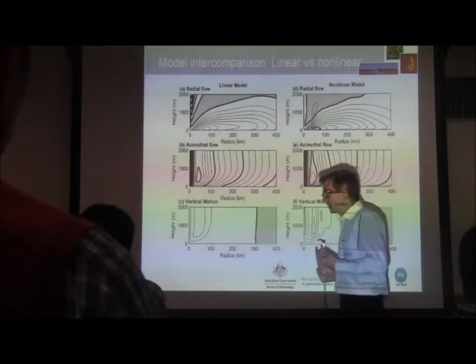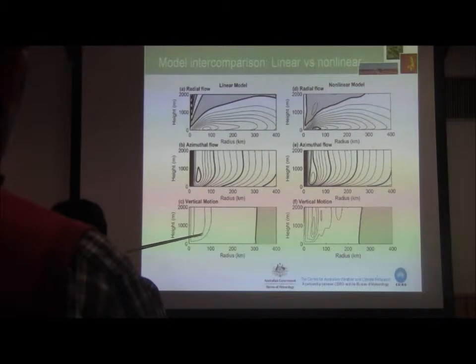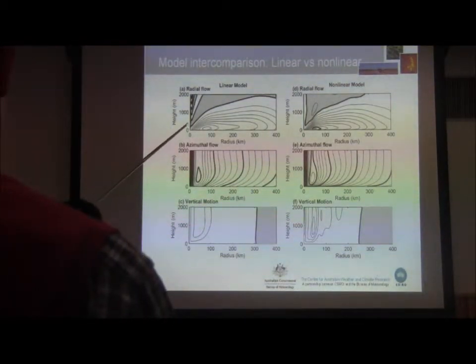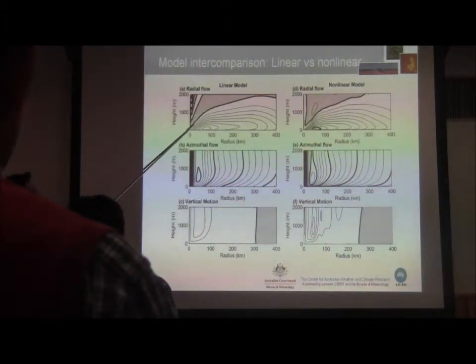If we're going to use the linear model to help us understand the non-linear model, the solutions had better be sort of similar. And these are for the same storm. The left-hand case is the linear model, the right-hand case is the non-linear model. You can see that we've in fact got the decrease in depth towards the centre.